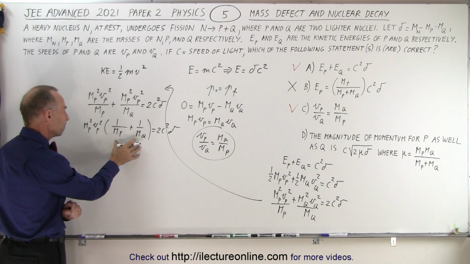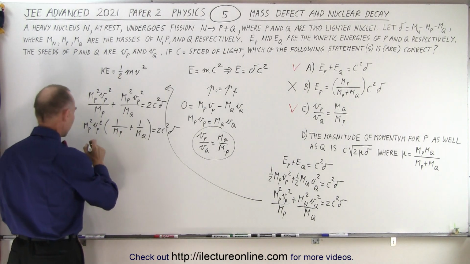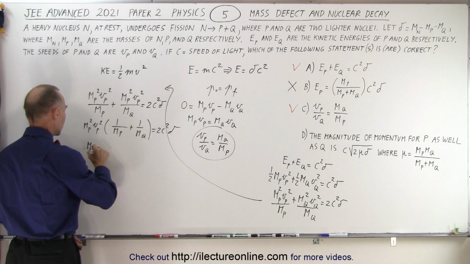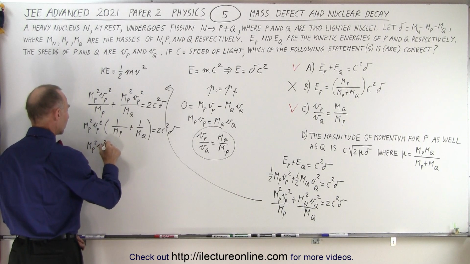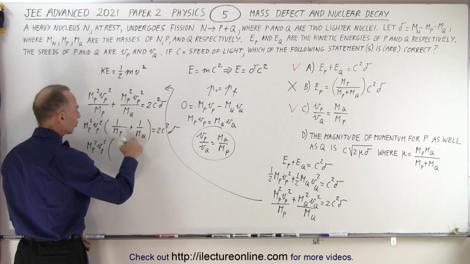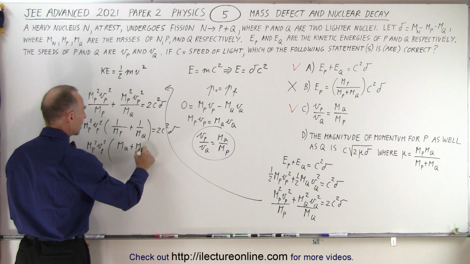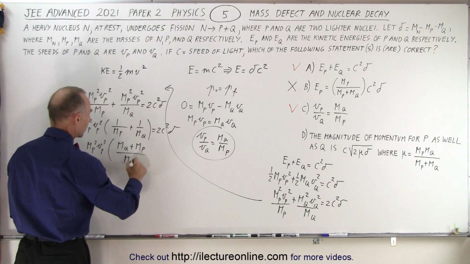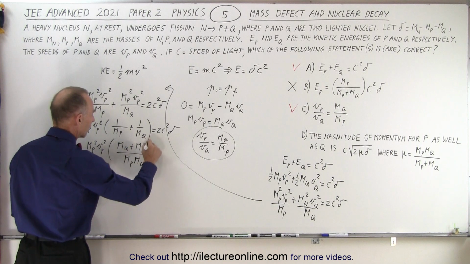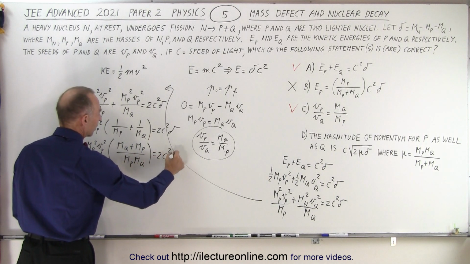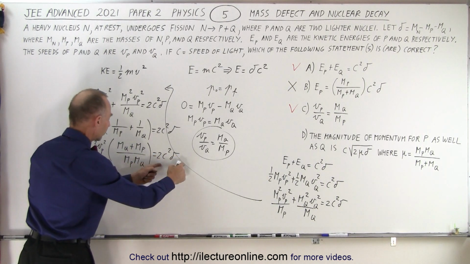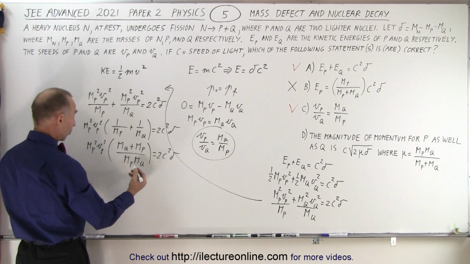Now what I can do is add these up, so this can become the product over the sum, because what I have here is mp squared vp squared times, the common denominator is going to be the product, so I have mq plus mp over the product, mp mq, is equal to 2c squared delta, and then moving that to the other side, I can now take the square root of both sides.